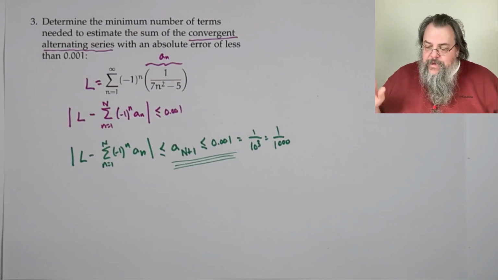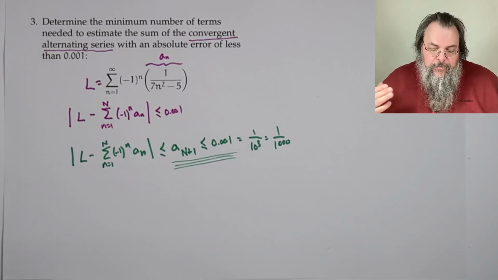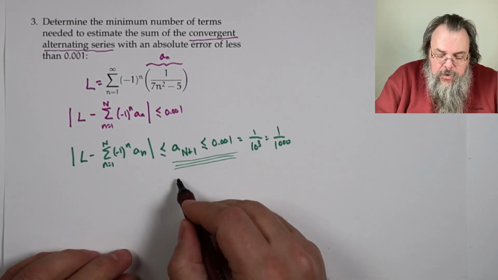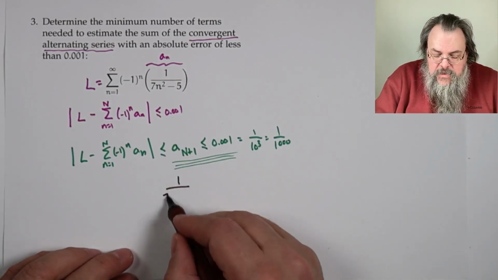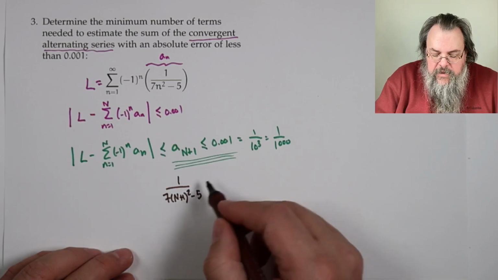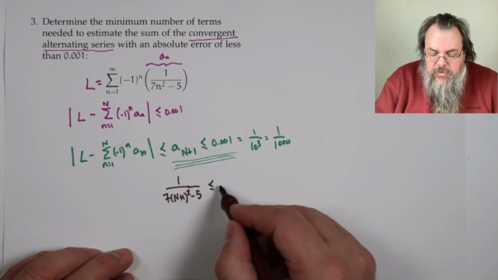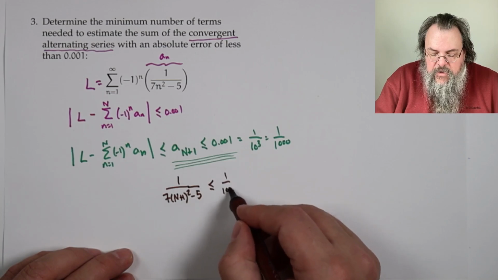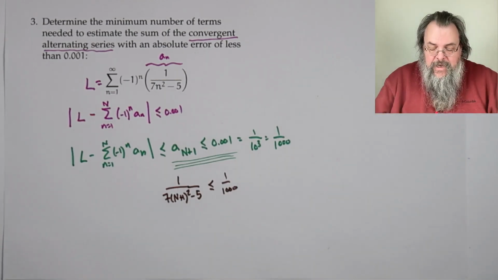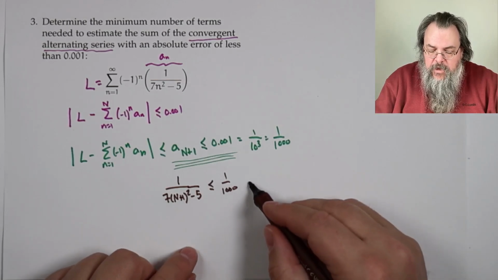All right, now that we understand what the problem really wants us to do, we say, okay, well, this says 1 over 7 times this n plus 1 quantity squared minus 5 needs to be less than or equal to 1 over 1,000. Well, flip both sides. And if you flip both sides, you'll flip the inequality.